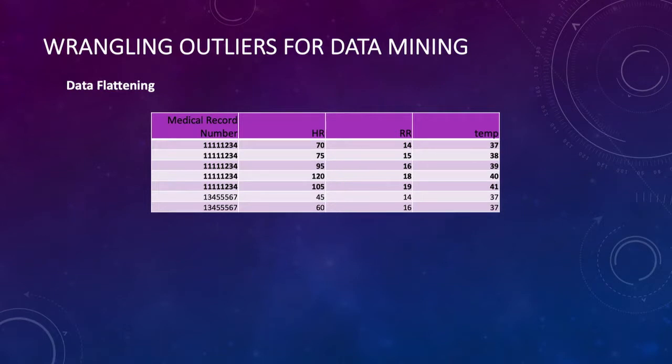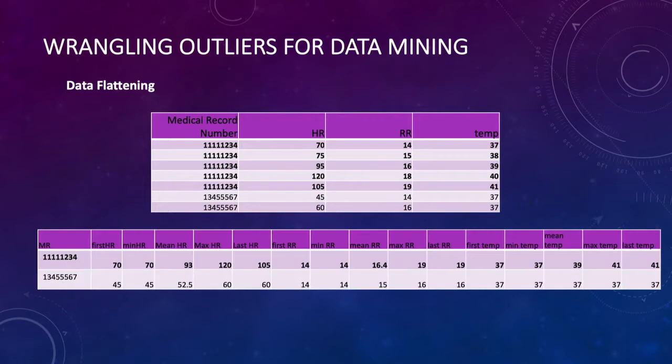So how do you handle this data? You have to transform it. There are lots of ways to do data flattening, but one of our solutions was to take first, last, mean, min, and max values. You could also check the number of instances, like somebody that has 20 instances of systolic blood pressure versus somebody that has 2.